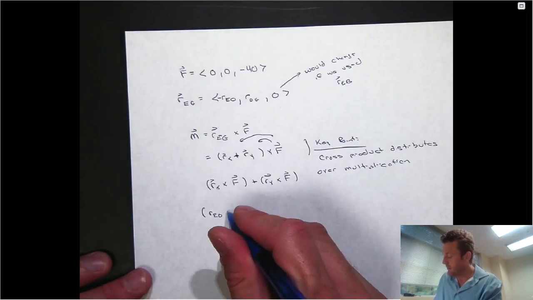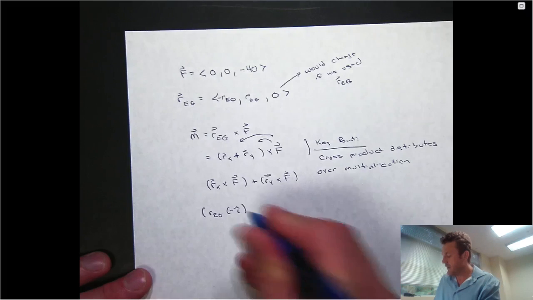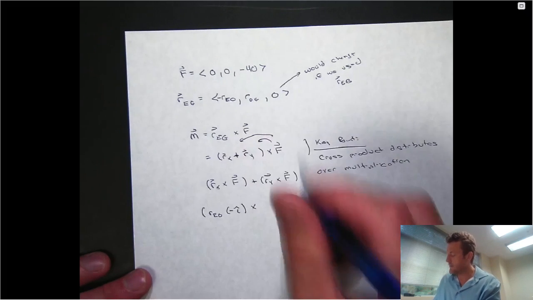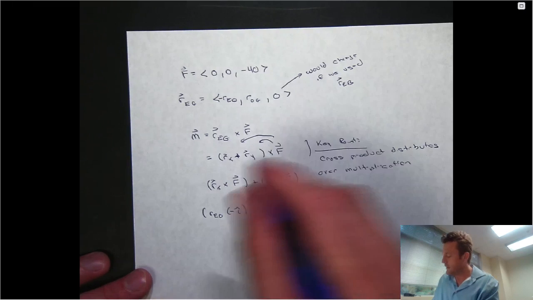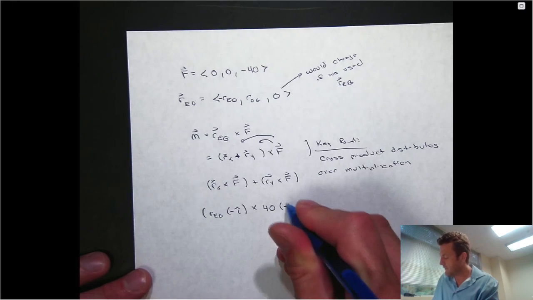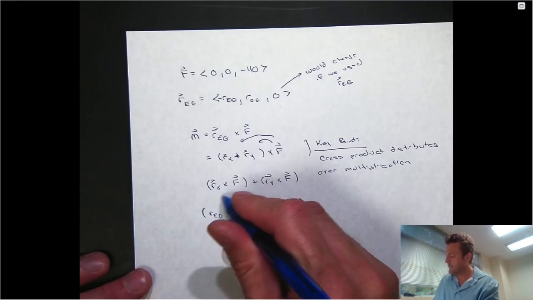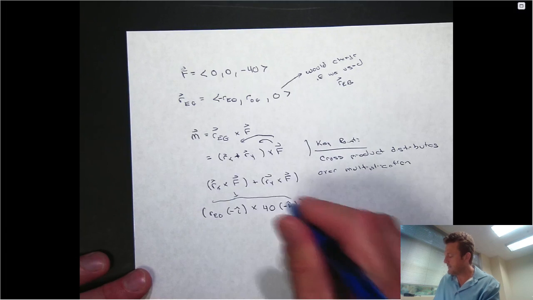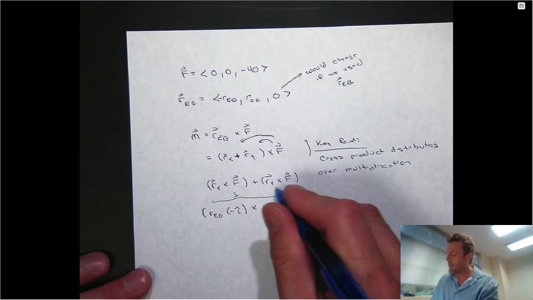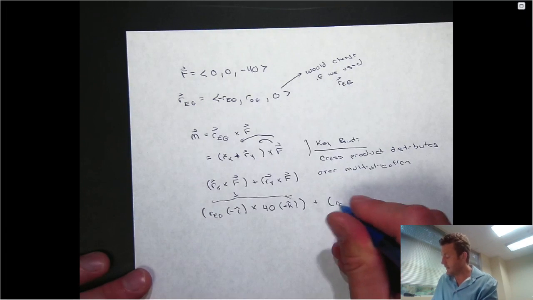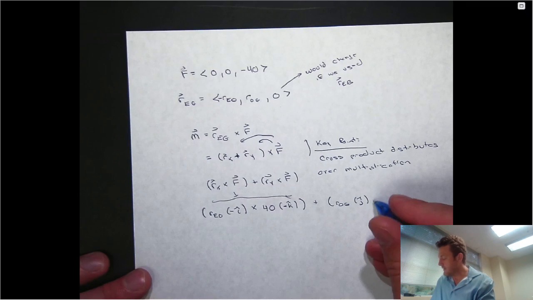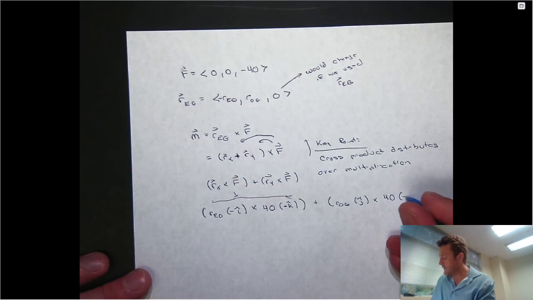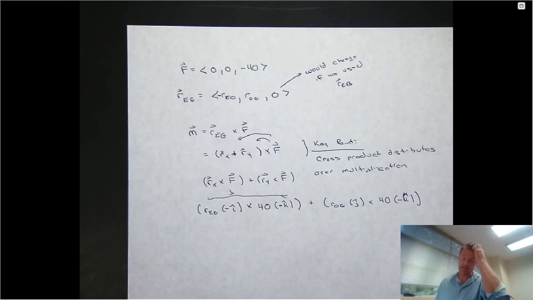That is a minus i hat component, crossed with the force, remember, which is 40 newtons in magnitude in the minus k hat direction. So that is my first product. And then for my second product, I'll write the y component of that position vector as ROG j hat, and then I'm going to cross that again with the force vector, which has a magnitude of 40 and is in the negative k hat direction.